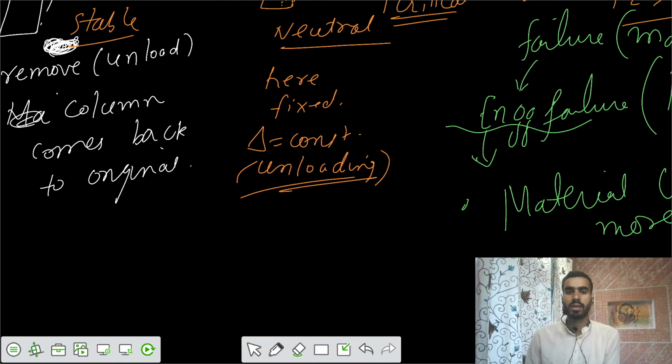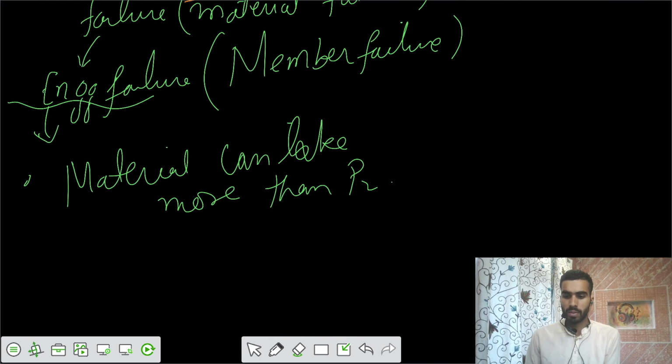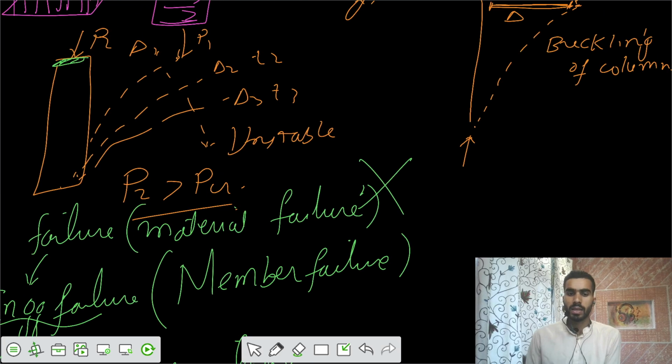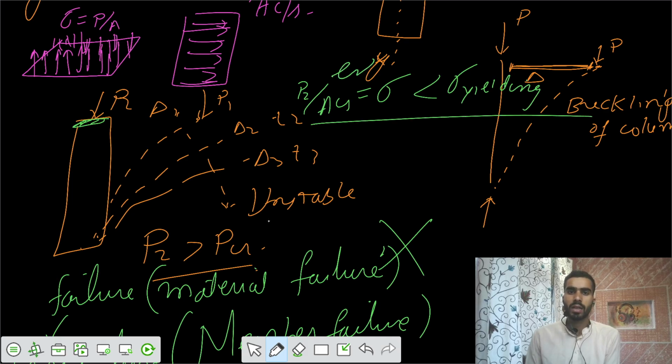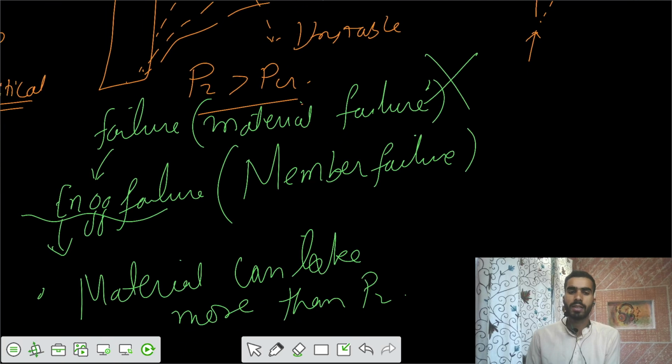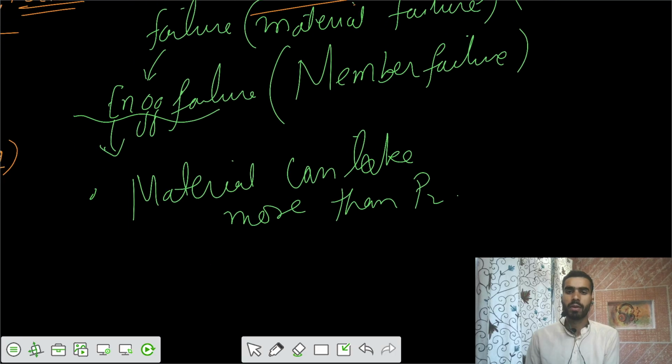So there we have these three kinds of equilibrium. Let's talk about that. This load P2 divided by the cross-sectional area gave some stress. It was even lesser than the yield stress, but still it has failed, not because of material failure, but because of member failure.